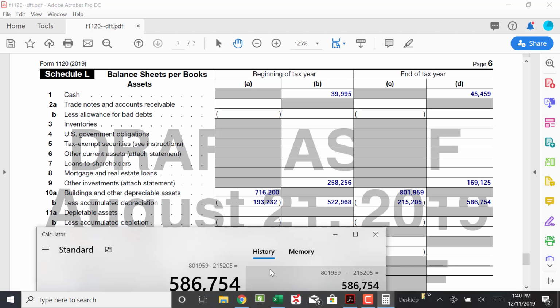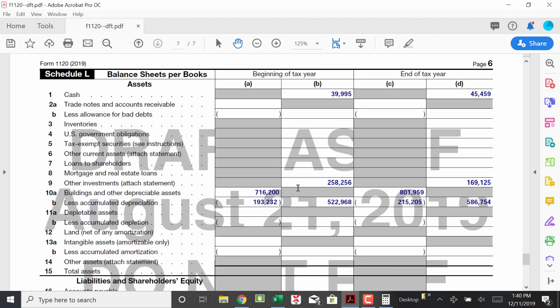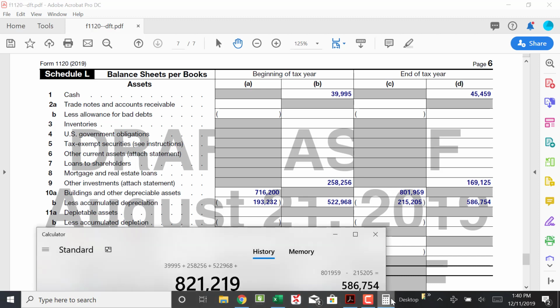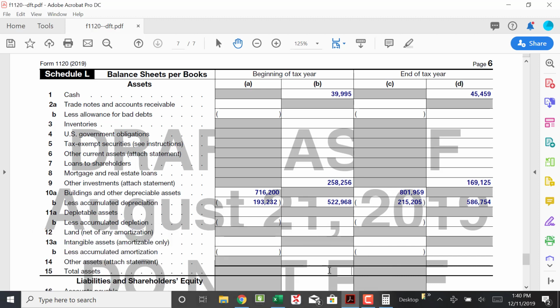So I'm going to make sure that I do tie to my total assets. $821,210. So I missed something here. 821,219, but the total assets on the balance sheet were 821,379. So what do I do? That is not correct. 456.